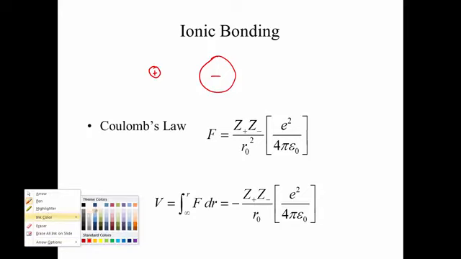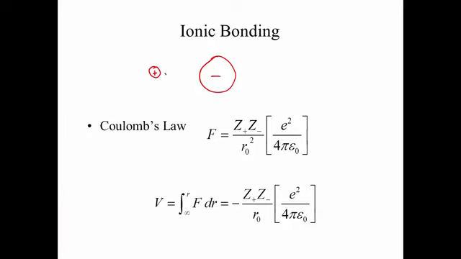And we know from Coulomb's law that the attractive force between two oppositely charged species, the electrostatic force, is related to the charge of the particles, the charge on the positive and the charge on the negative, divided by the square of the equilibrium distance between the two particles.